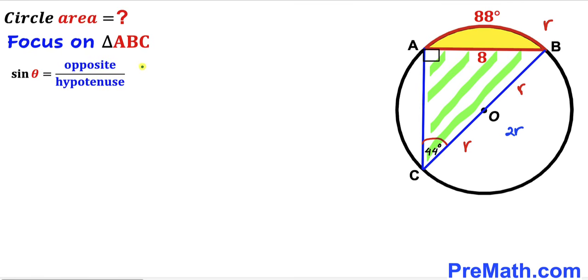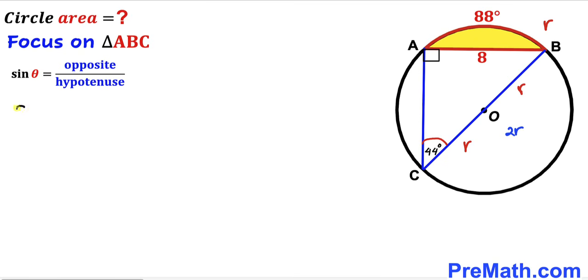Now let's focus once again on this right triangle ABC, and recall the famous trigonometric ratio. Sine of angle theta is always equal to the opposite side divided by the hypotenuse. In our case, our angle is 44 degrees, so the side opposite to it is 8, and the hypotenuse is this diameter, 2 times r.